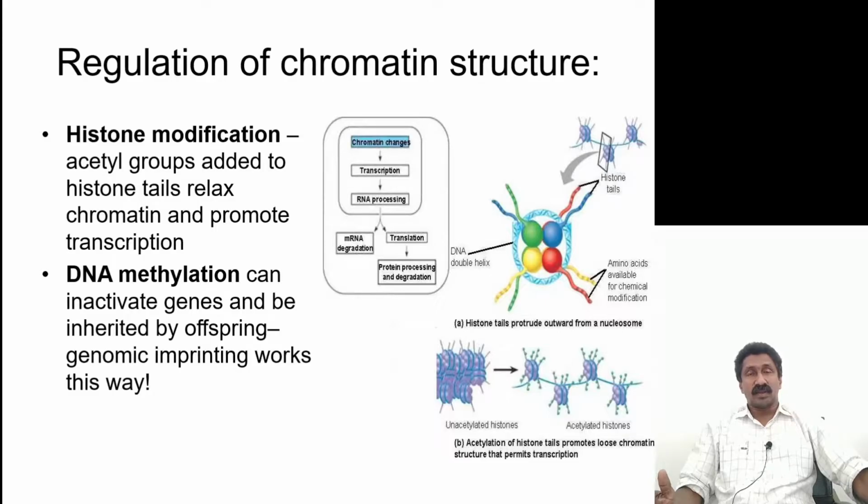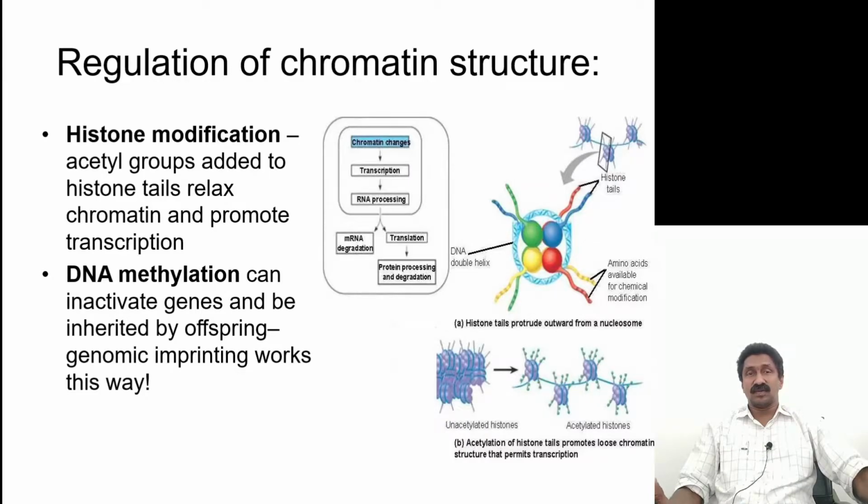In the chromatin structure, as we know, the chromatin is wound over the histone proteins, and here a unit of histone protein is shown, which is wound around by the chromatin or DNA.